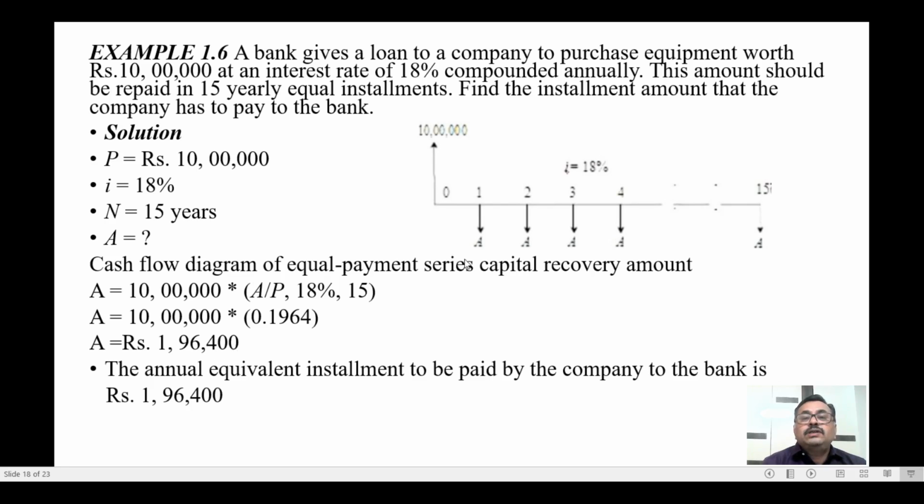So we have to pay 1,96,400 to liquidate the loan which is being given. You can complete it by paying 1,96,400 rupees every year for the next 15 years with an interest rate of 18%.